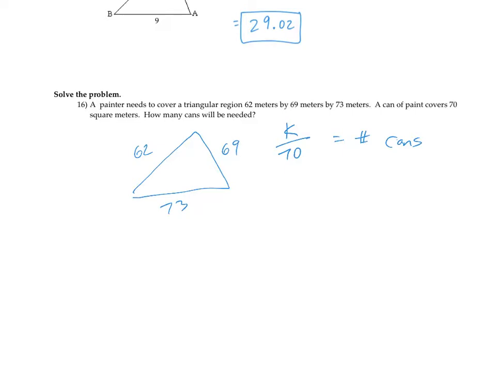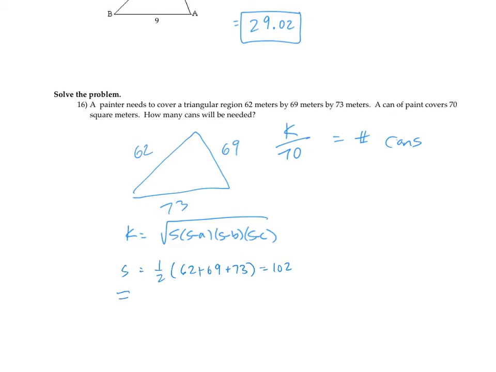So let's use the semi-perimeter formula again. s minus a, s minus b, s minus c. So s is 1/2 of 62 plus 69 plus 73. 62 plus 69 is 131 plus 73 is 204 divided by 2. I get 102.